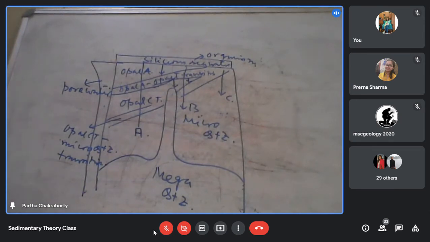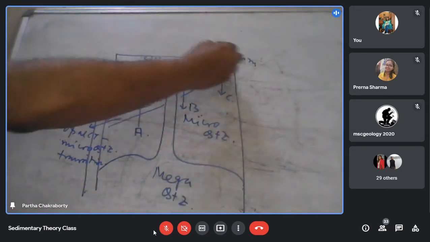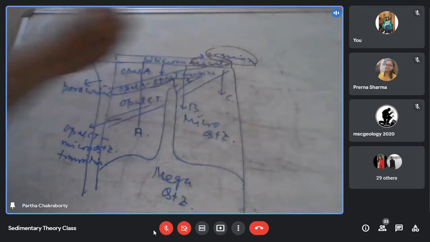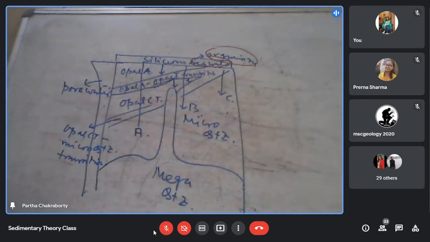So if you see this figure, it is actually trying to tell you all the different ways of chert formation. What is at the top of this figure? It is talking about the siliceous organism or siliceous seawater, whether it is an inorganic precipitation or a scavenging of silica from the seawater.